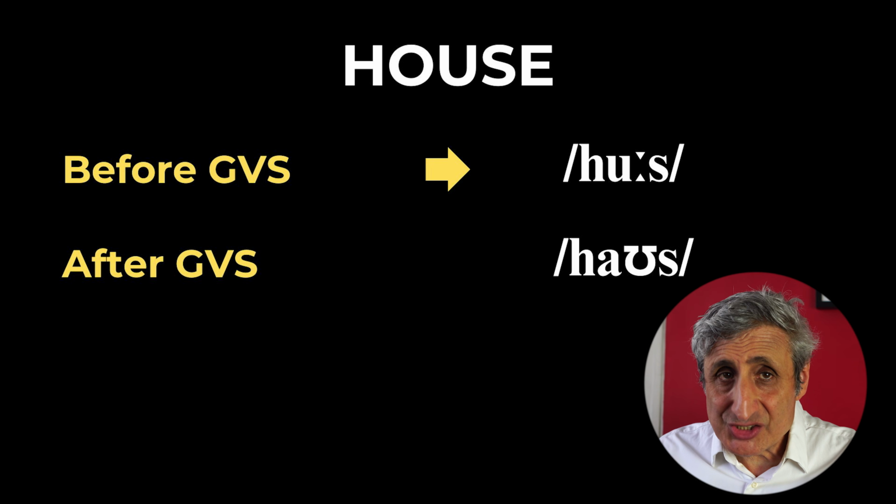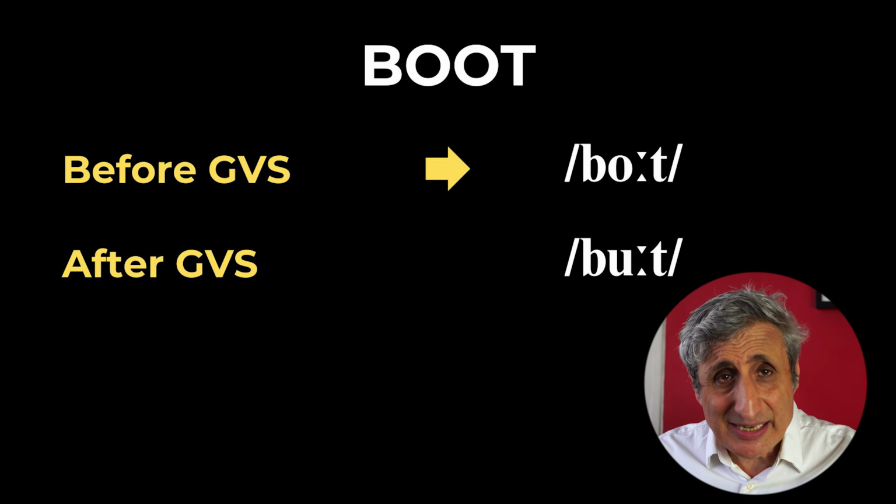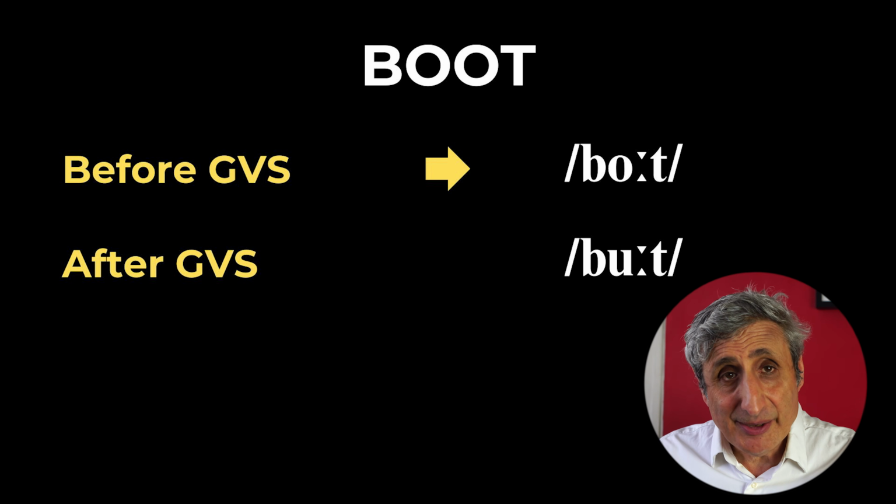In Middle English, hus. In Modern English, house. In Middle English, boot. In Modern English, boot. And that's why it's so difficult to listen to a text of Middle English with Middle English pronunciation. So it's mostly, not entirely, but mostly about the pronunciation.